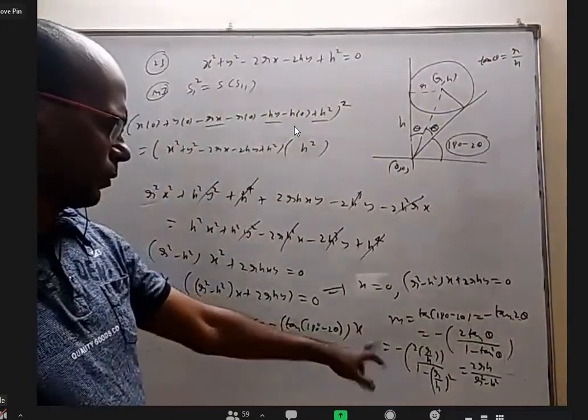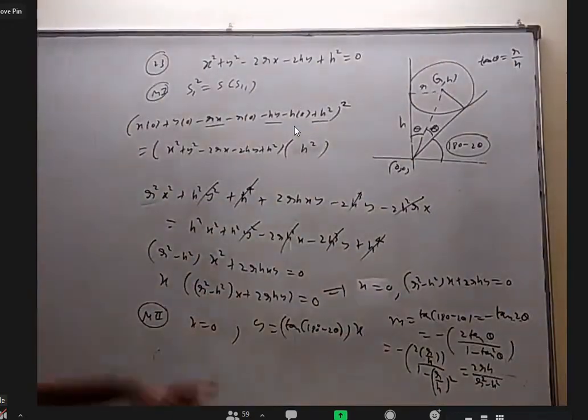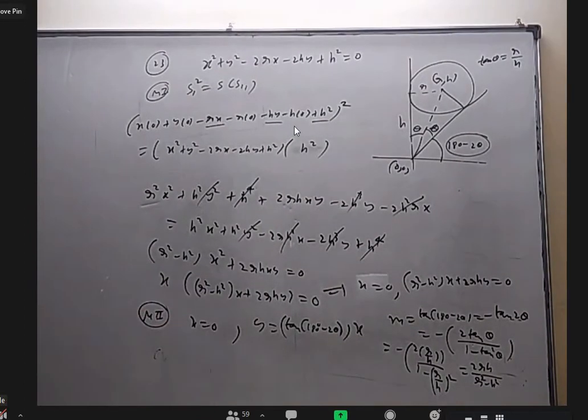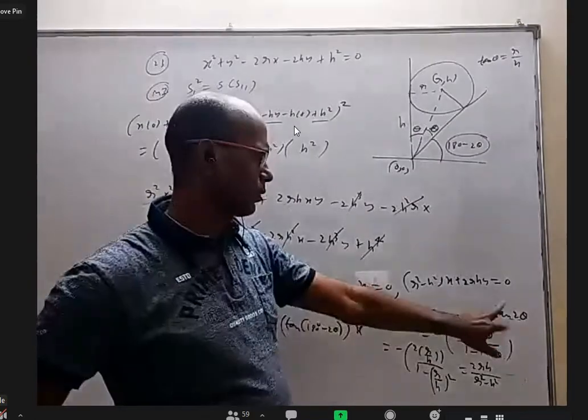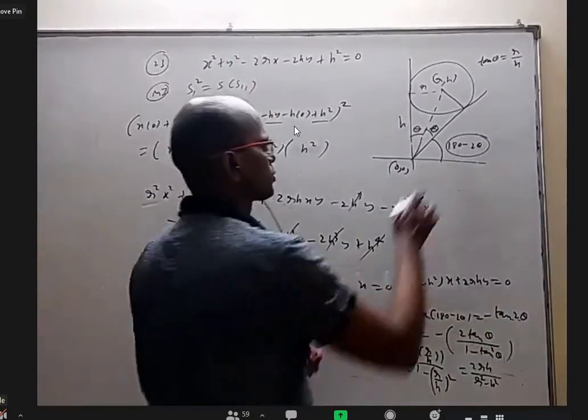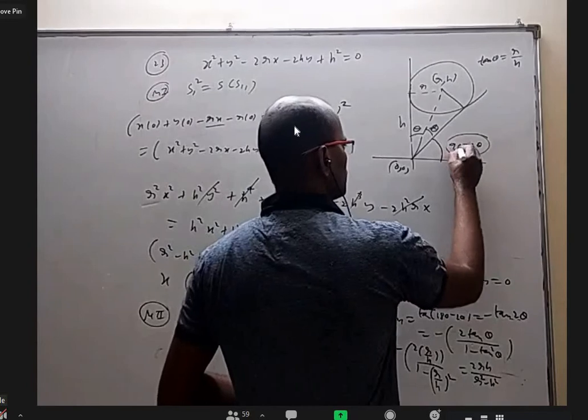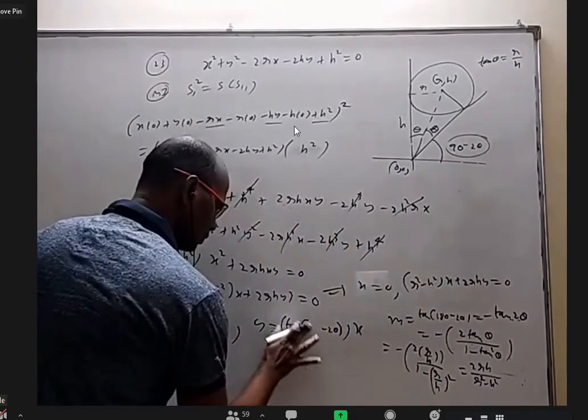I got actually h square minus r square because of the minus, it became this, and I'll get a minus. Second quadrant. So this is 90 minus 2 theta, that's a mistake. Okay, this is 90 minus 2 theta, sorry about that.